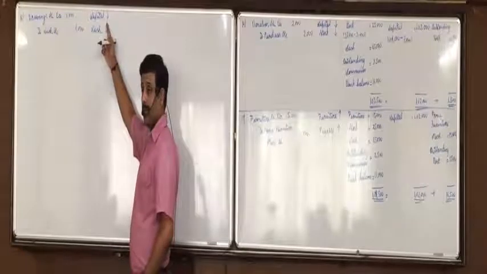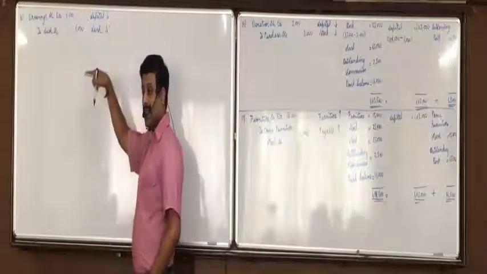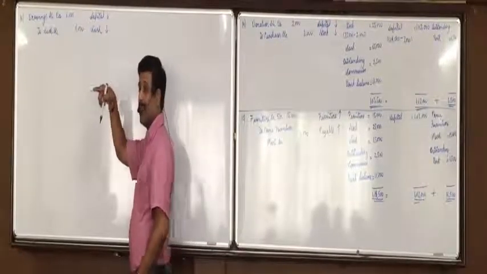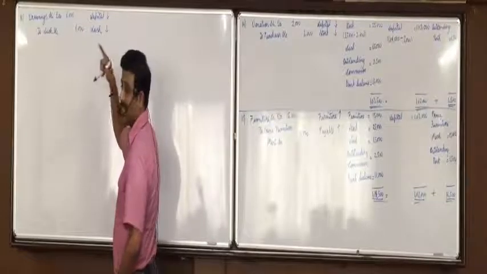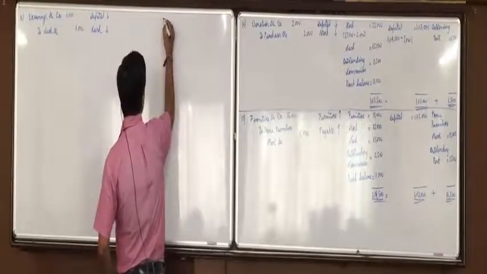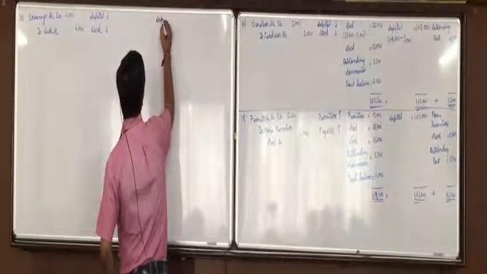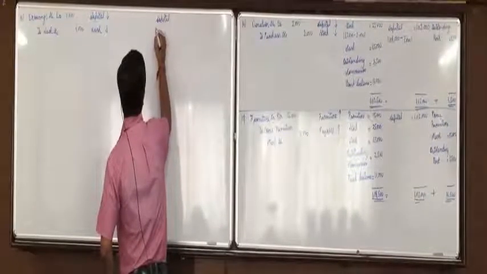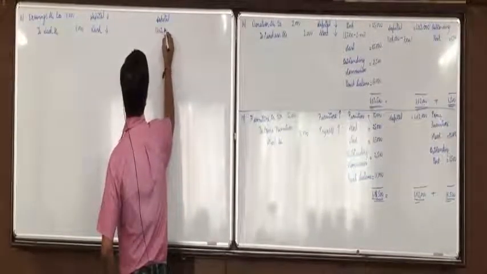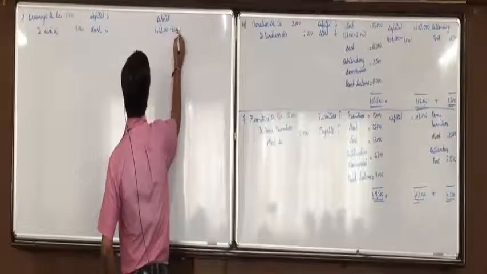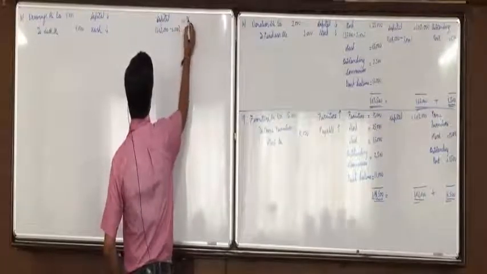You'll add it. Decreases means you'll subtract it. 1,02,000 minus 6,000, 96,000. Right, everyone, capital will be 1,02,000. It decreases by 6,000. So 96,000.